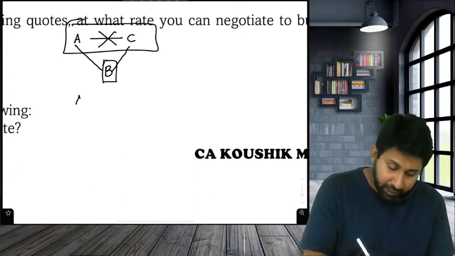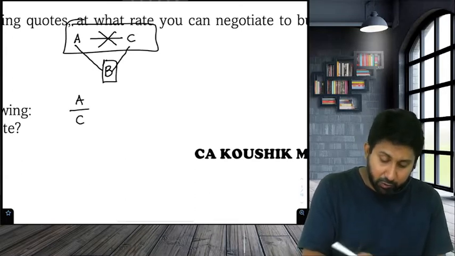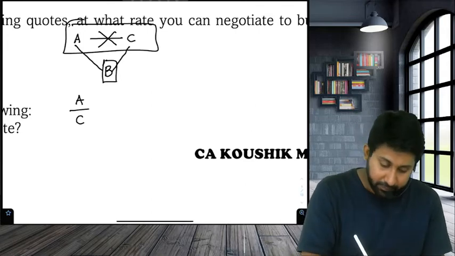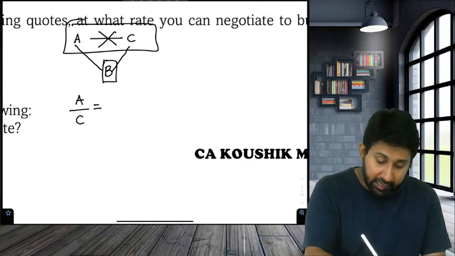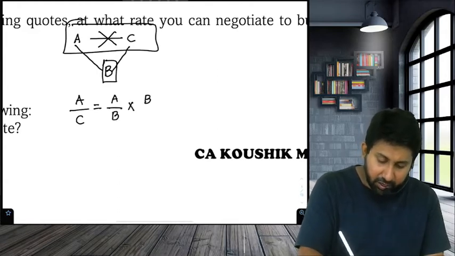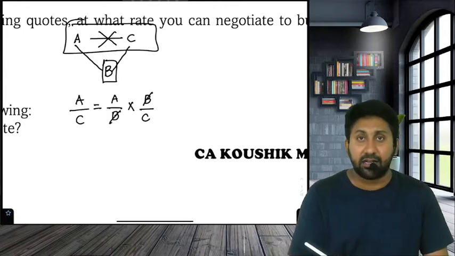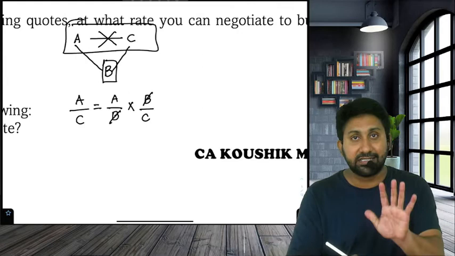How? I want how many A's are required to purchase one C. A is traded for B, or not? A by B into B is traded for C, or not? B by C. B and B cancel. In turn, it will give A by C, or not? That is our agenda.